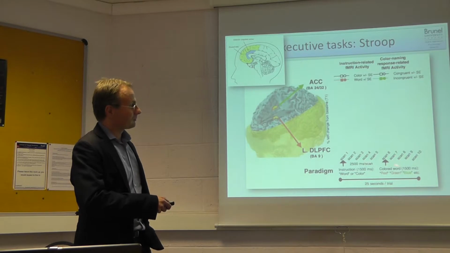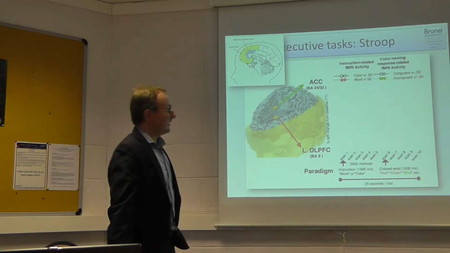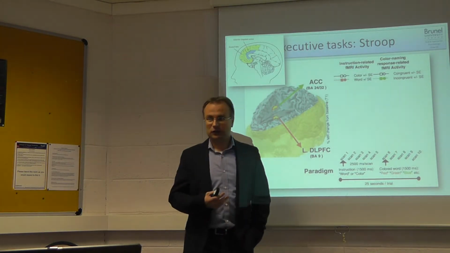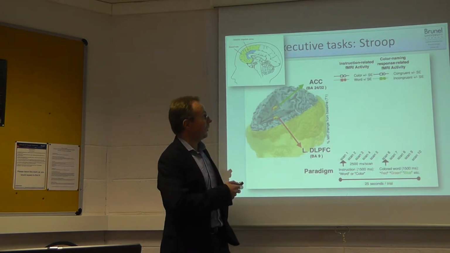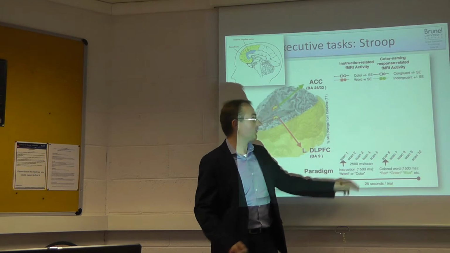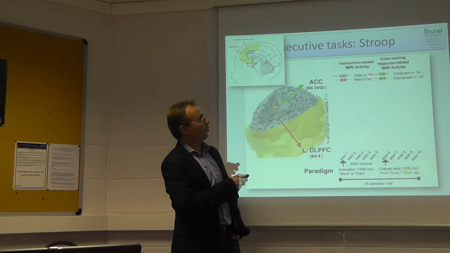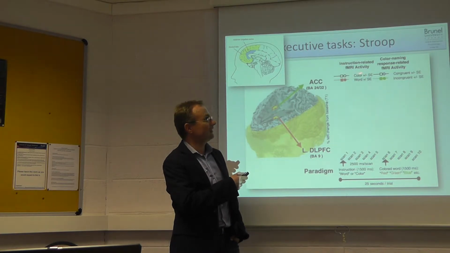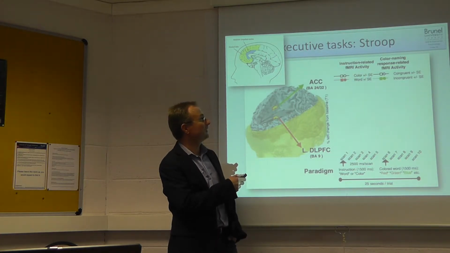Okay, so they did that, and then they looked at two factors basically. One is, how do these two brain areas respond to this difference? In red, word task coming up, word reading, that's the easy task, or color naming, that's a difficult task.